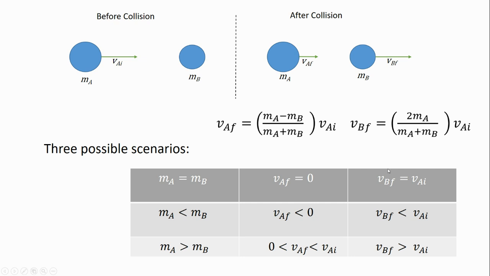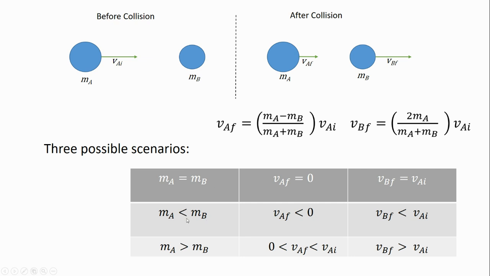And object B, if you stick in that they're the same mass, then these two terms are the same. So you'd have 1. So this whole parentheses would become 1, and the final velocity of object B would equal the initial velocity of object A. So in other words, object A gave up all of its momentum to object B. It just stops, and object B moves. That's if their masses are the same.